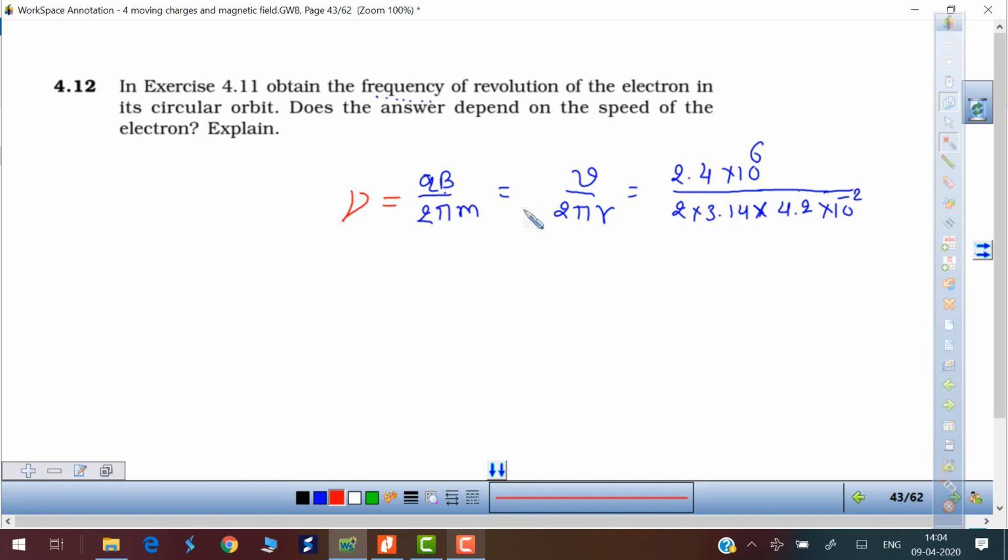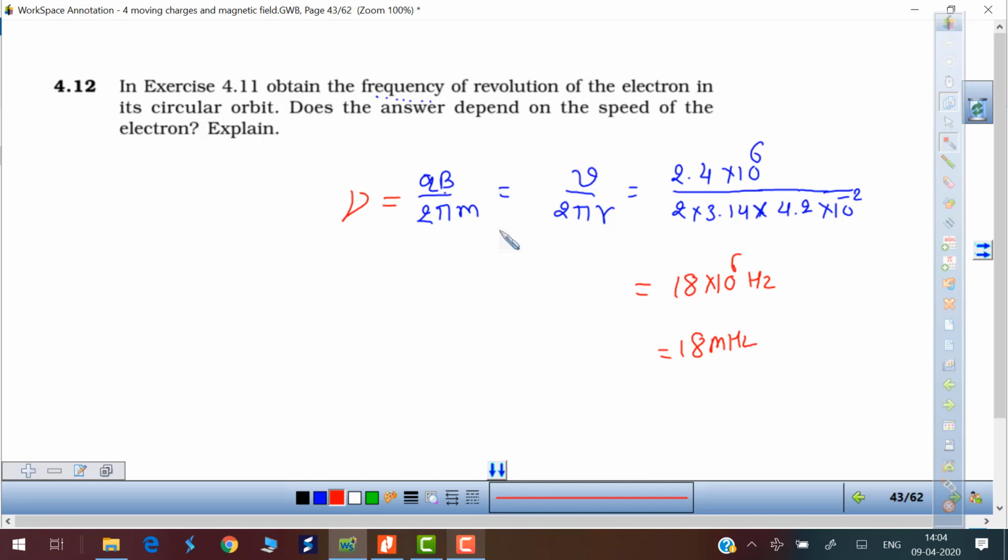I also told this during the illustration. If we do not know r, you can use this formula; if you know r, we use the other formula. Velocity is known, and the radius we calculated in the last exercise. If you simplify, you will get 18 into 10 raised to 6 hertz, that is 18 megahertz.